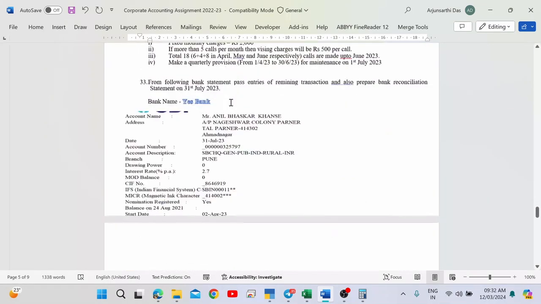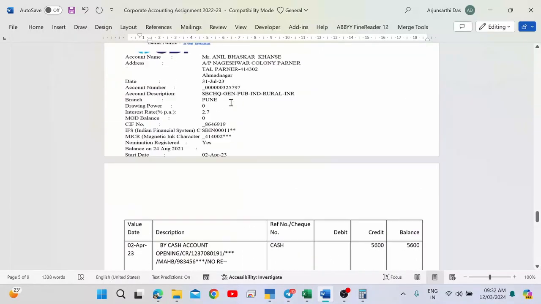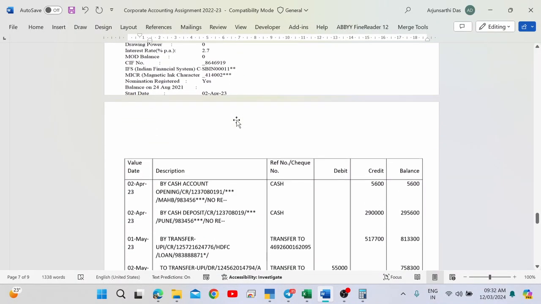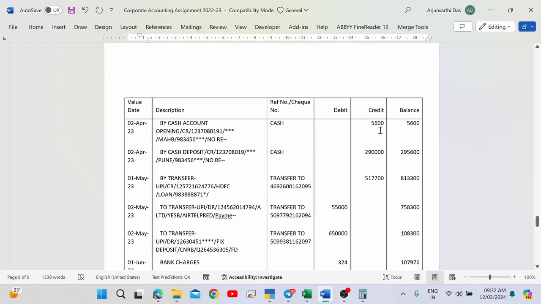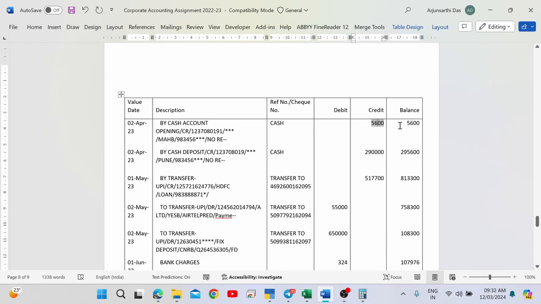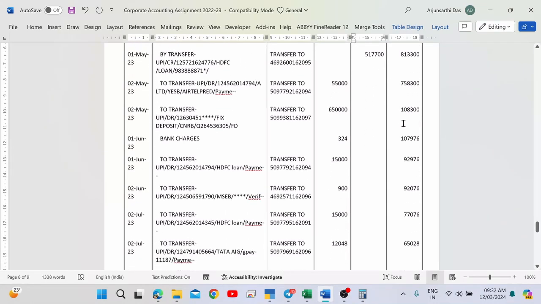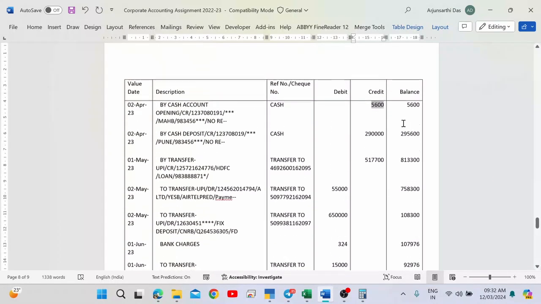And then at one more place, in the last question of BRS, one static figure was there, but here everyone has opened a bank account with a different amount. Therefore, I changed the first figure of the bank statement, and because of that every balance figure has changed.